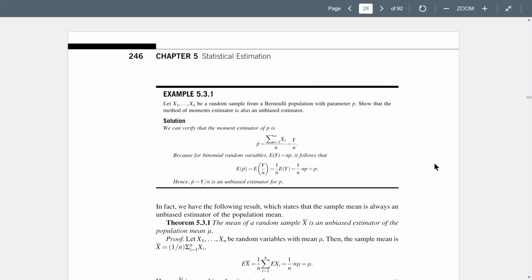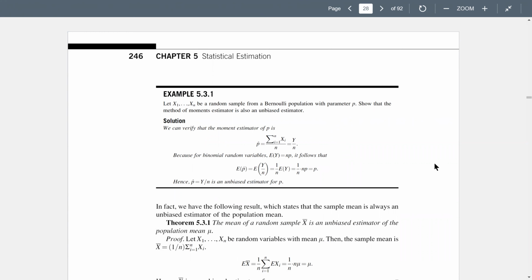So previously we talked about the unbiased estimator, and in this case we shall see an example to see why we say that. Let's verify the moment estimator of p.